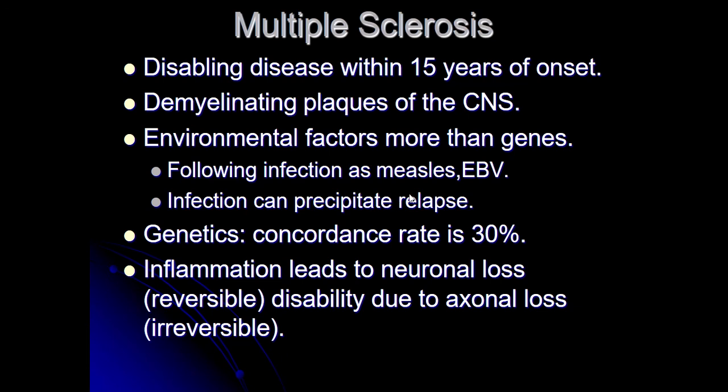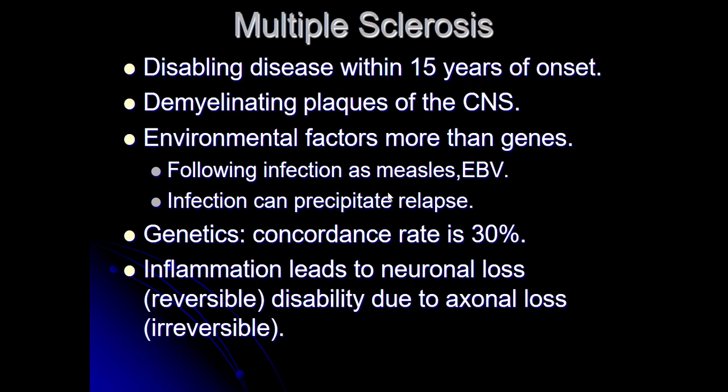Following infection, for example measles virus or Epstein-Barr virus, those play a major role in the development of an immune response that will react against the myelin basic proteins. So infection can precipitate relapse. Genetics, here the concordance rate and direct association with genetics, is around 30%.